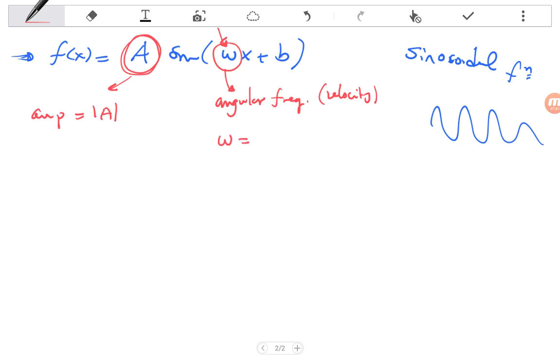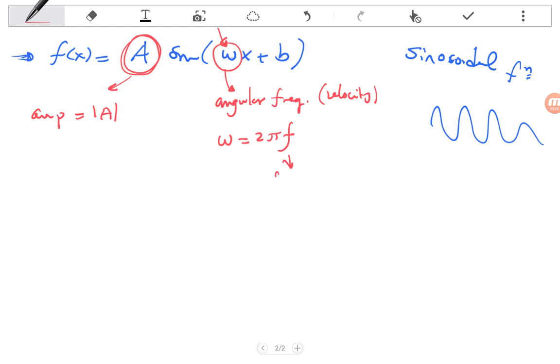Whenever you study an omega, it will be expressed like this: 2 pi f. Even if you studied it in physics, in dynamics or mechanics and so on, you will find that omega is always 2 pi f. So that is a memorized expression. Okay, omega is 2 pi f.